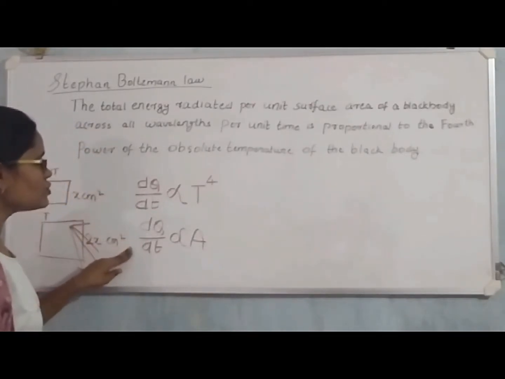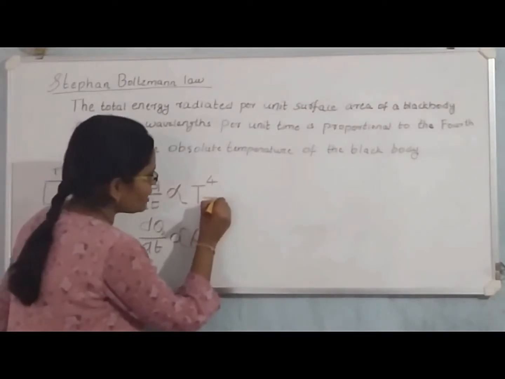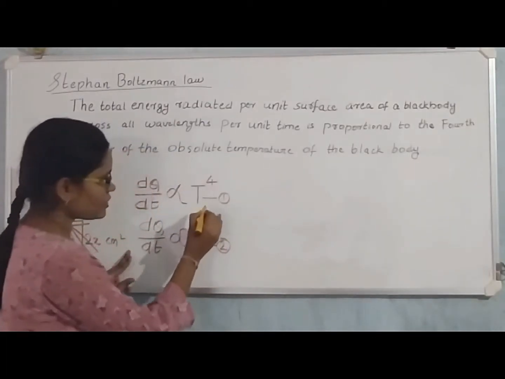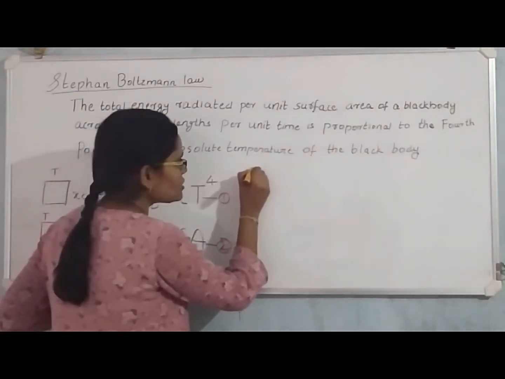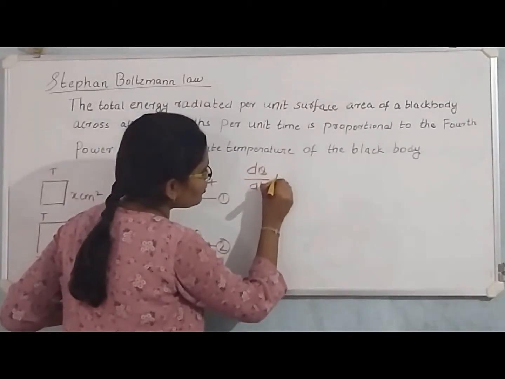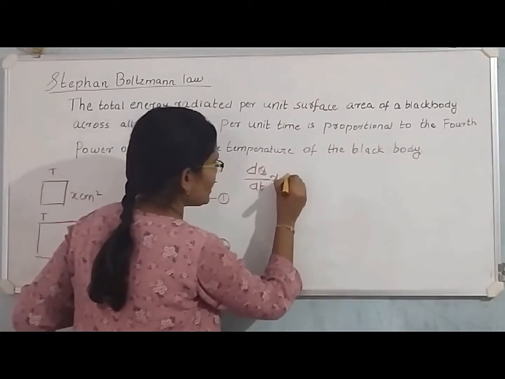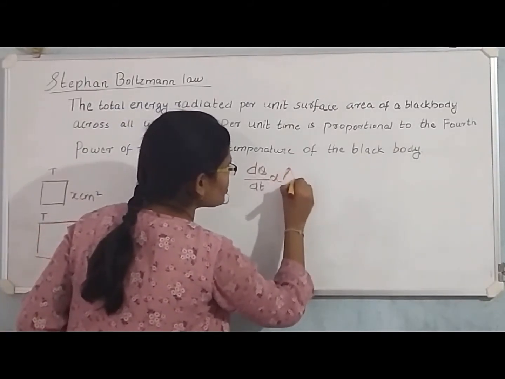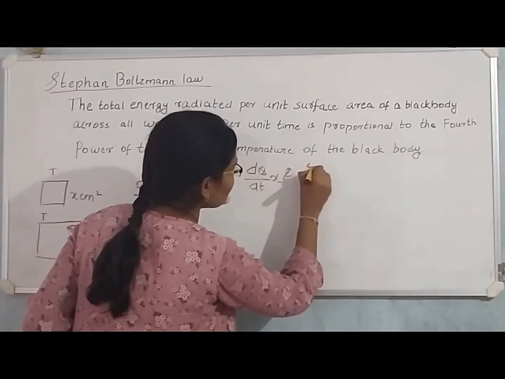When I combine these two equations, say I label this as 1 and this as 2, I get dq over dt proportional to A into T power 4.